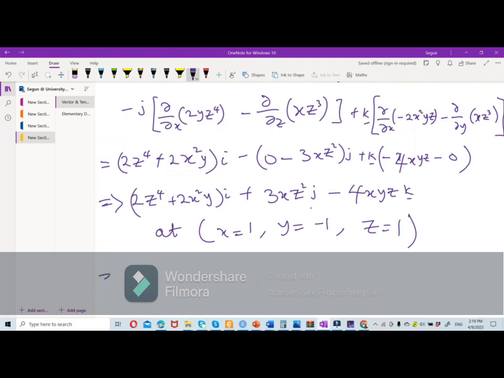You have 2 into 1 to the power 4 plus 2 into 1 and negative 1 for i, 3 into 1 into 1 squared for j, minus 4 into 1 into minus 1 into 1 for k.